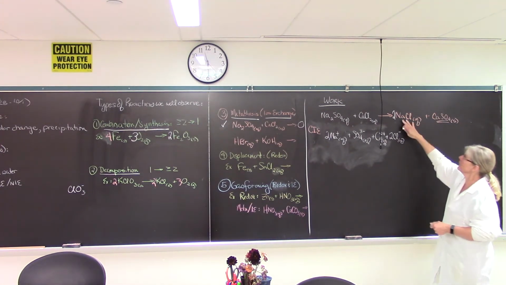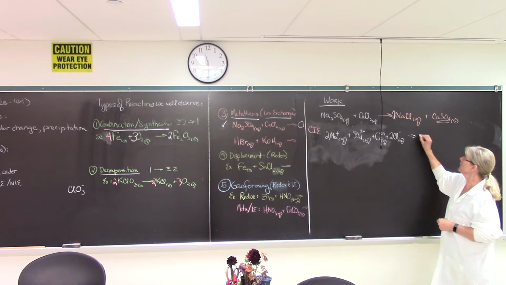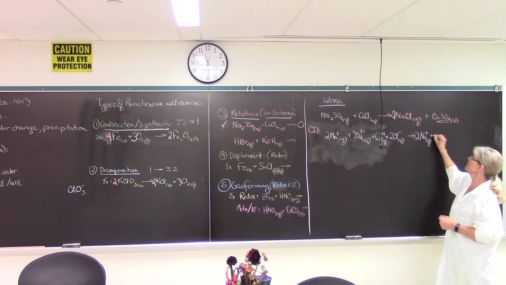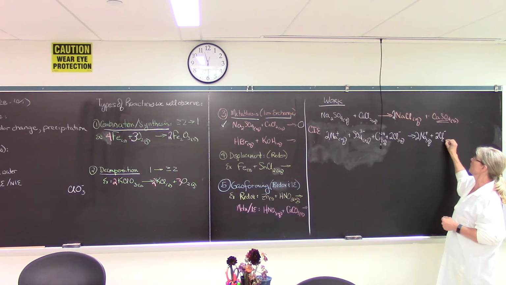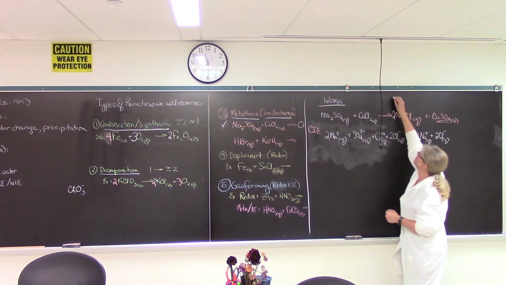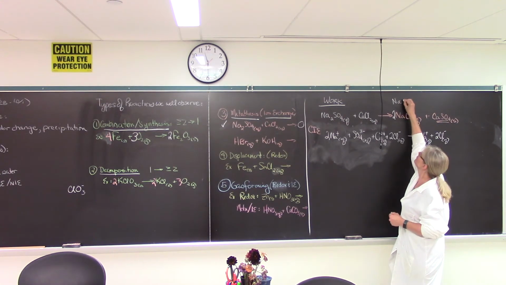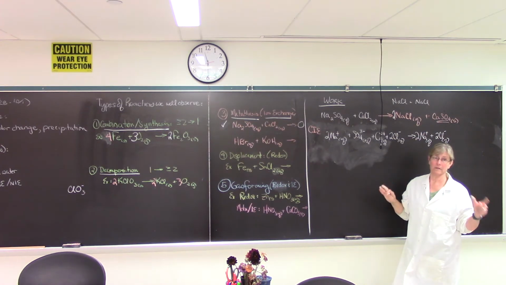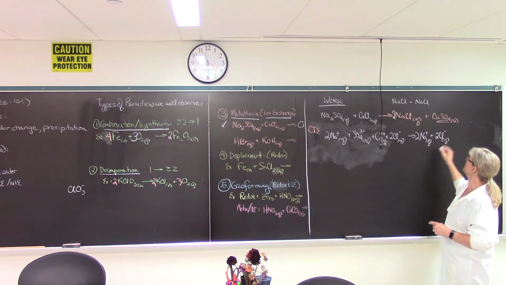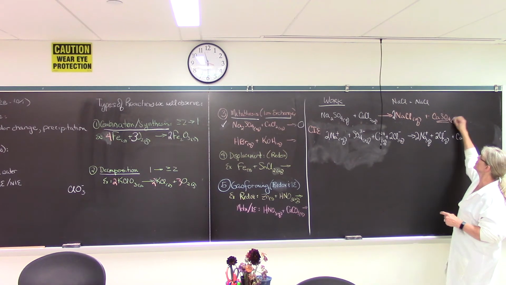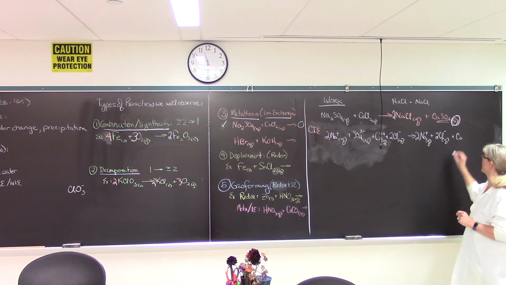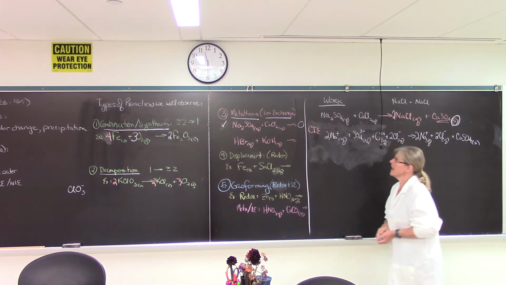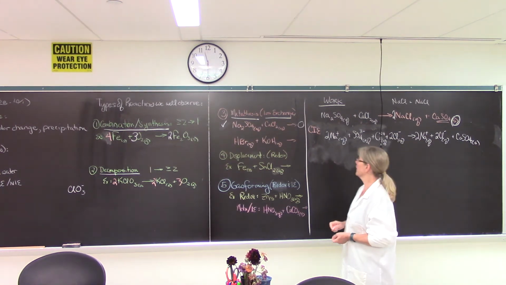So over here, the thing that's aqueous, we break up. 2 sodium pluses and 2 chlorides. How do I know it's 2? Because I have 2 NaCl's. So I have 2 of the whole thing. So 2 sodiums and 2 chlorides, and then we have our product, which is a solid, so we leave it together. So that's our complete ionic equation.